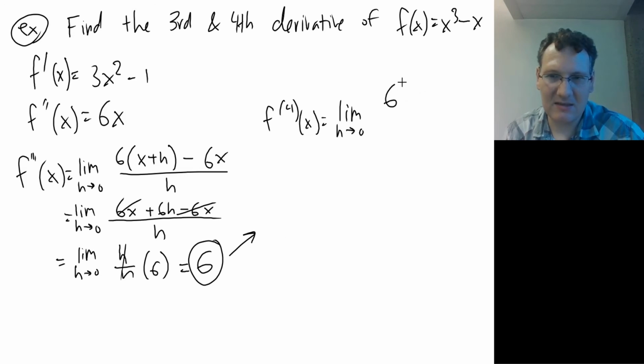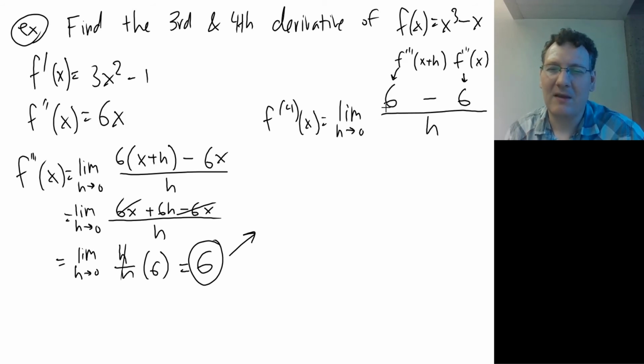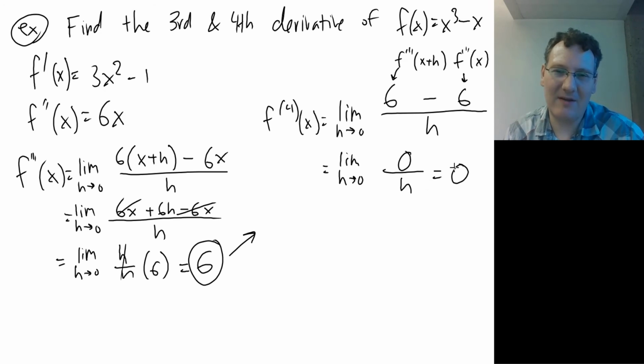So it's f triple prime of x plus h, which is 6, minus f triple prime at x, which is also 6. 6 minus 6 is 0, so this is the limit as h goes to 0 of 0 over h. It doesn't matter what value h is, this is always 0. So the limit is 0.